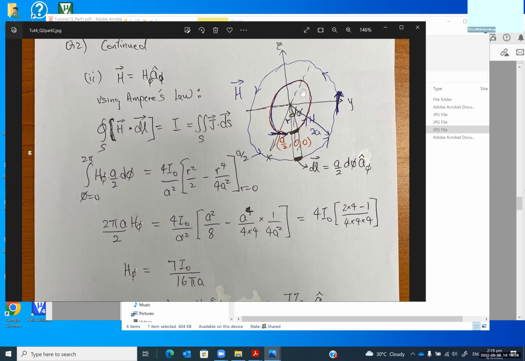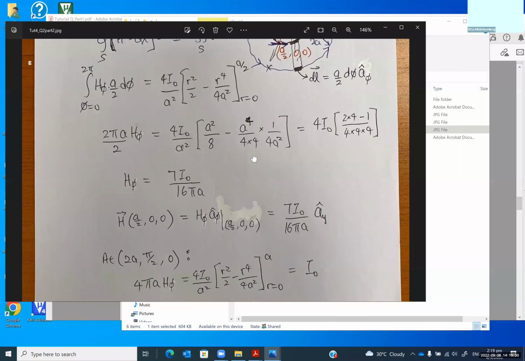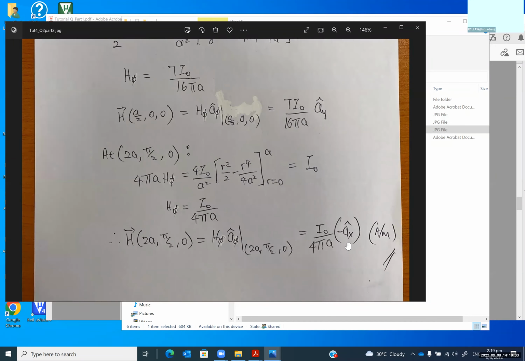The magnetic field is going around anti-clockwise, so the direction is this, which is a y. That's how we change that a phi into a y now. Okay with that?